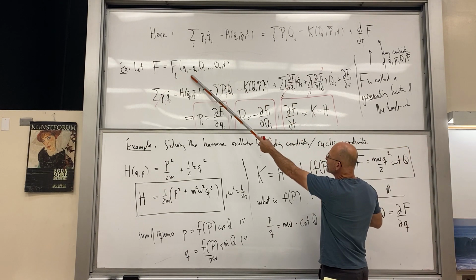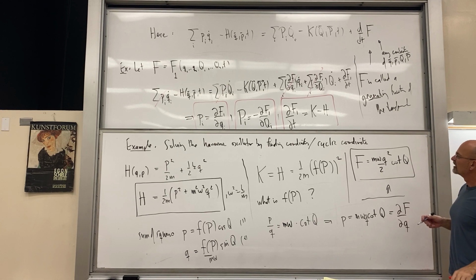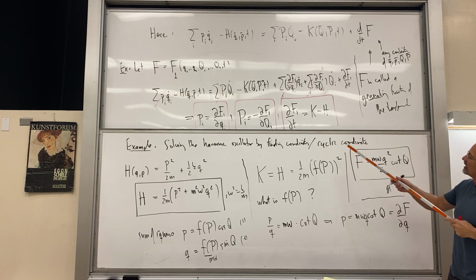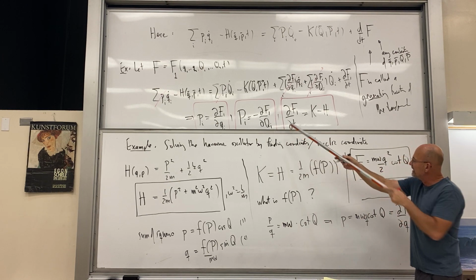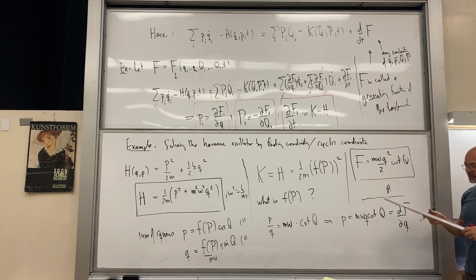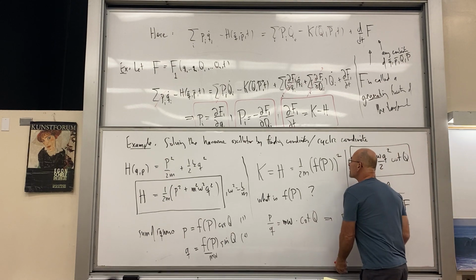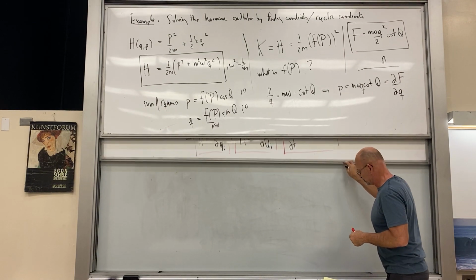As you can see here, we're using the function F sub 1. So now we have another relation, that capital P is minus df d uppercase Q. So now we'll get capital P is minus the derivative of this with respect to uppercase Q. Not all going to fit on one board, but that's okay.